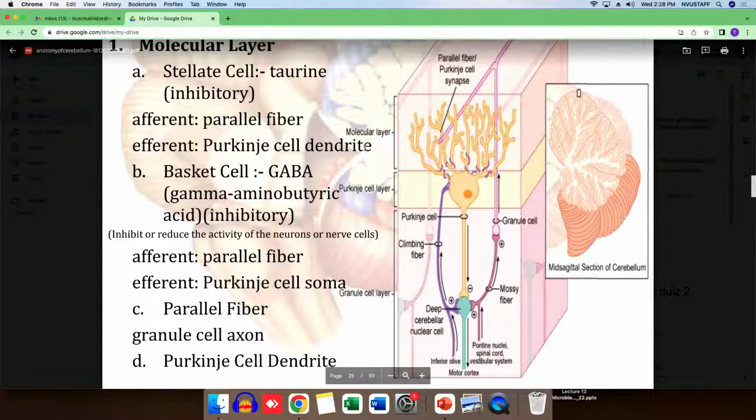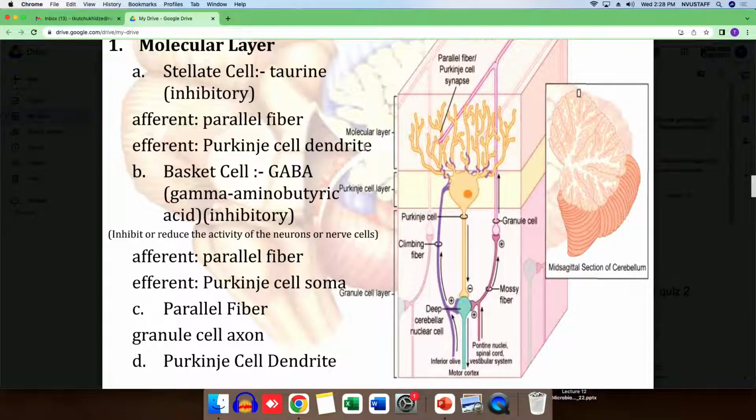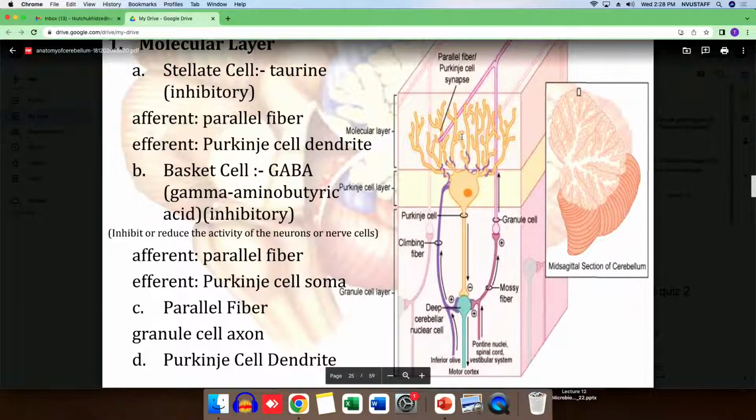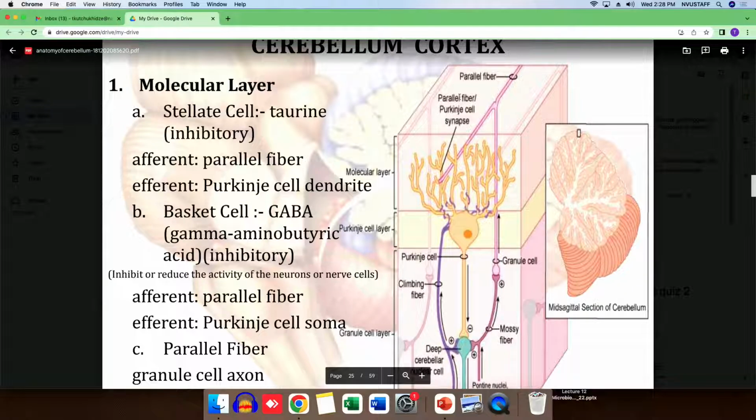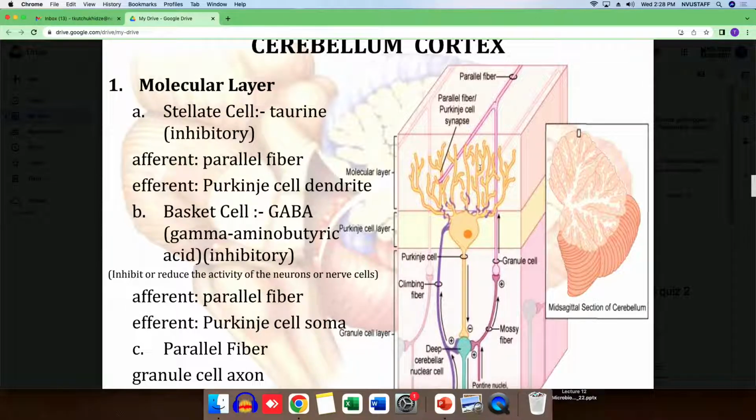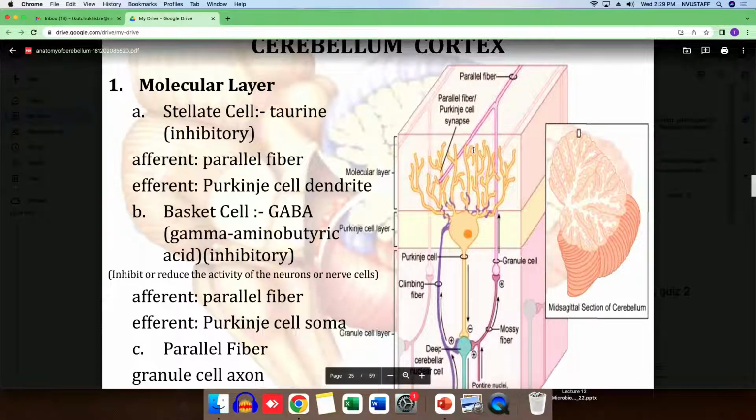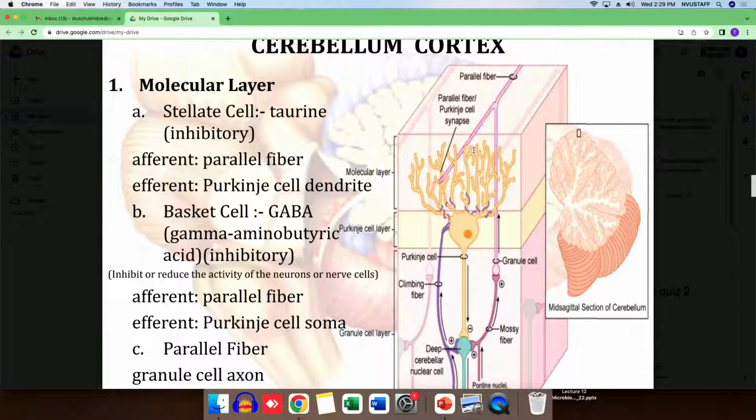Also, it has our parallel fibers, which are our afferent fibers, and we have efferent fibers, which are called Purkinje cell dendrites, and they are all located in the molecular layer. If you see here, we have parallel fibers, which are afferent fibers, and efferent fibers will be these Purkinje fibers, and together with them our stellate cells, which are inhibitory, and also the basket cells, which have GABA.